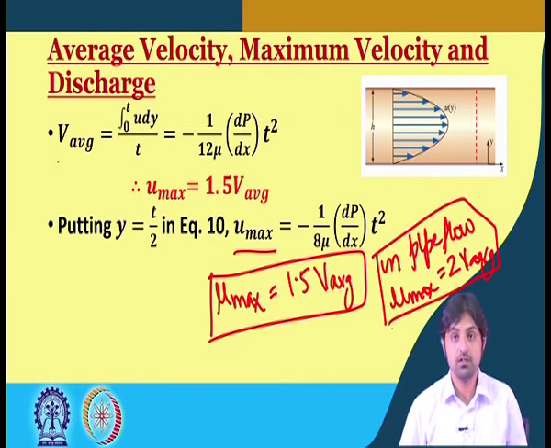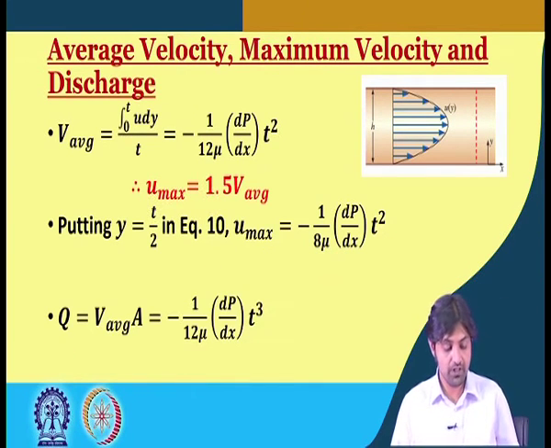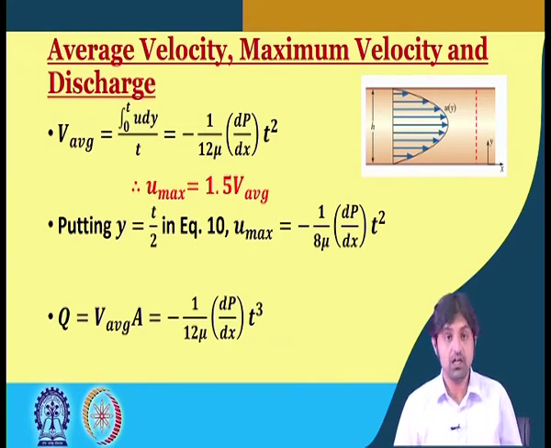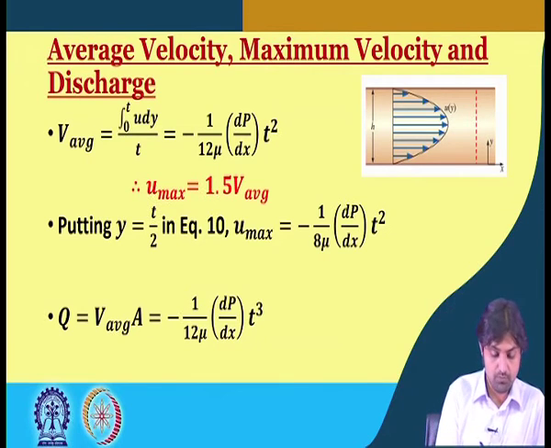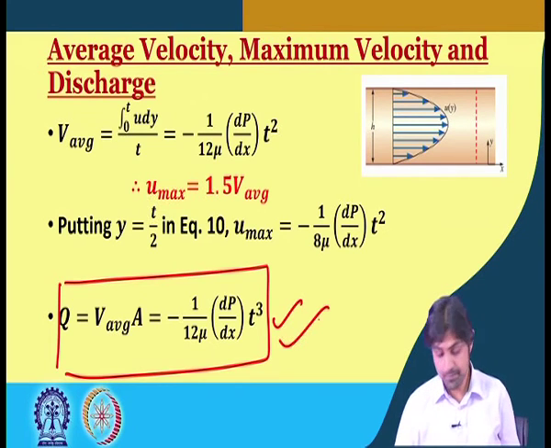Here it is 1.5 times the V average, and Q is simply V average into A. So V average we already know, 1 by 12 mu, and the area is simply T, because we are considering the per unit length, so that we multiply the per unit length by T, so T square becomes T cube. So these are some of the formulas that you must be remembering.